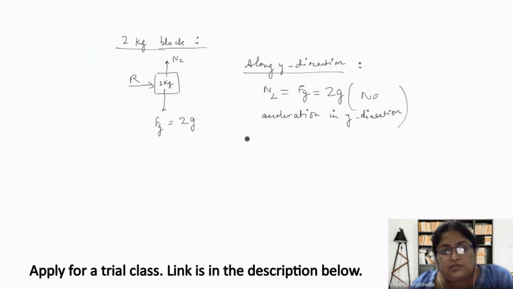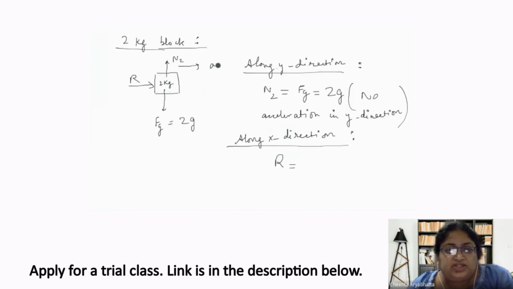And along the x direction, we have R, and this block is also moving with acceleration a, forward, a meters per second square. So R will be equal to mass times acceleration, which is mass 2 kg and acceleration a, right? So R is equal to 2a. So I have this equation B.